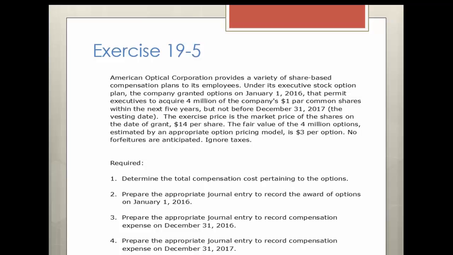The exercise price is the market price of the shares on the grant date, which is $14 per share. The fair value of the 4 million options, estimated by an appropriate option pricing model, is $3 per option. No forfeitures are anticipated. Ignore taxes.